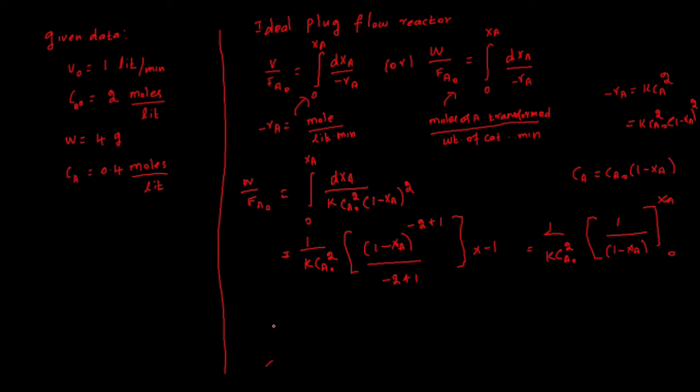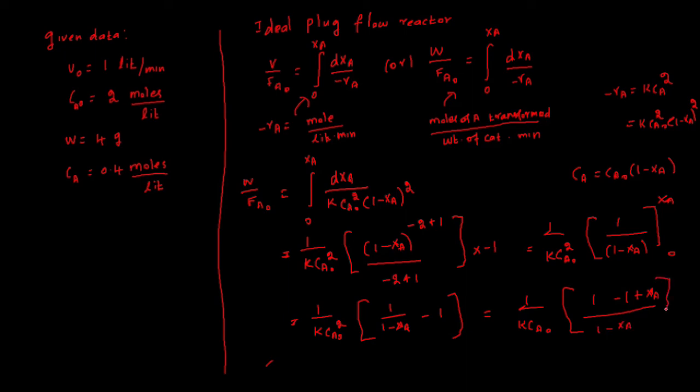Substituting the limits, we will get 1 divided by k Ca naught power 2 into 1 divided by 1 minus Xa minus 1. Further simplifying that, we get 1 divided by k Ca naught squared into 1 minus 1 plus Xa divided by 1 minus Xa.